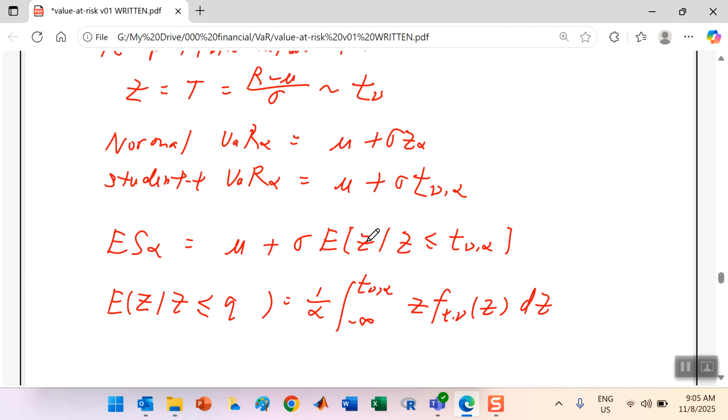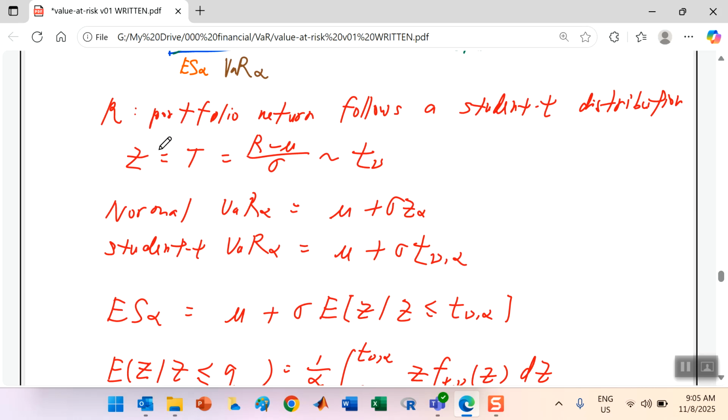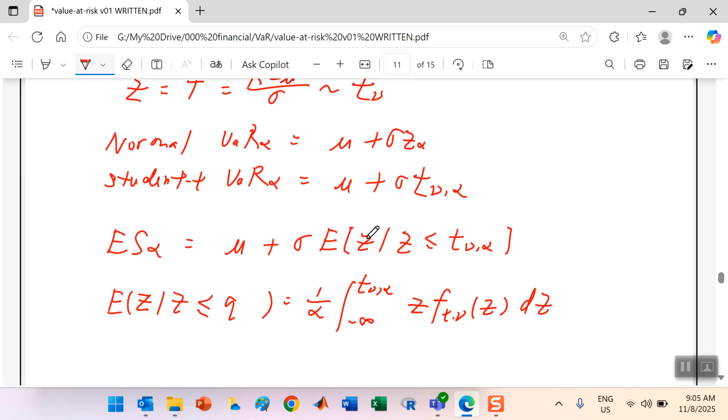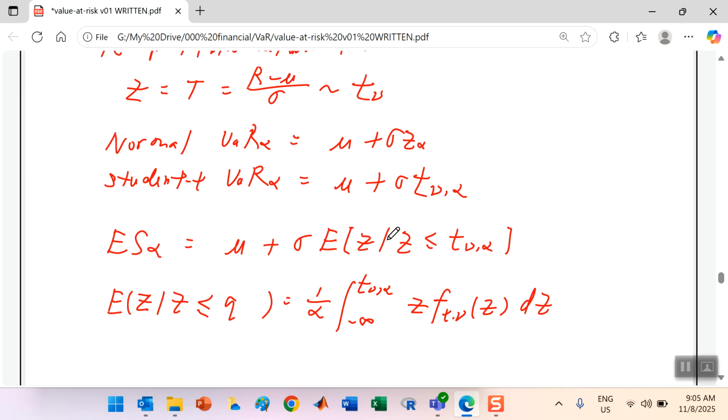Normally z refers to the standard normal value, but this one is actually the T value involved. So let's say we still use the z value.